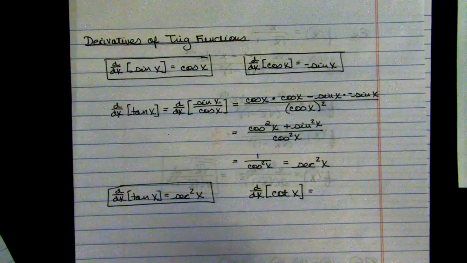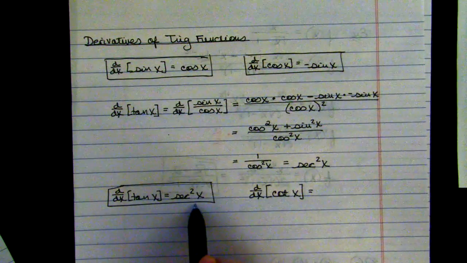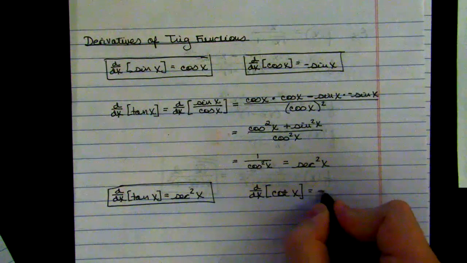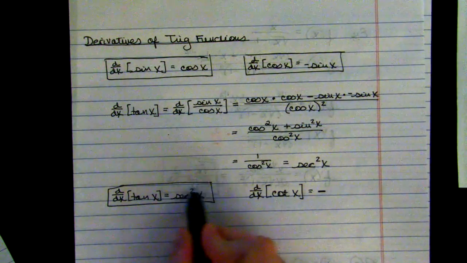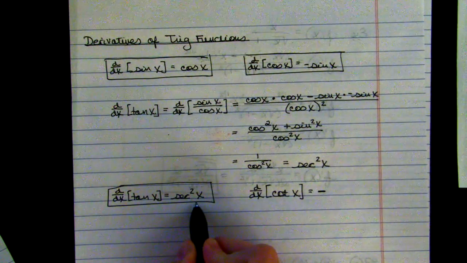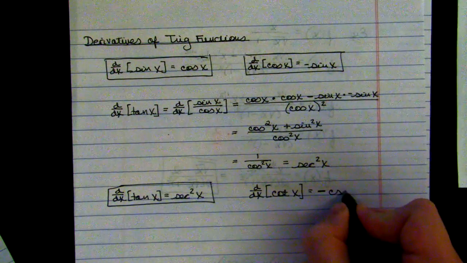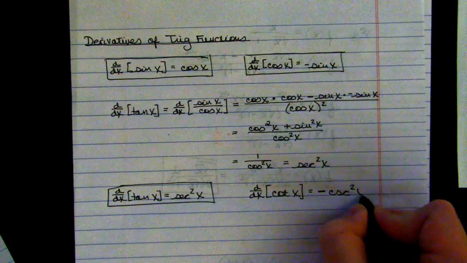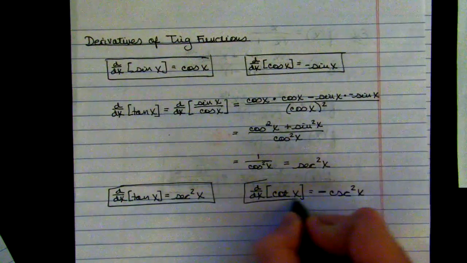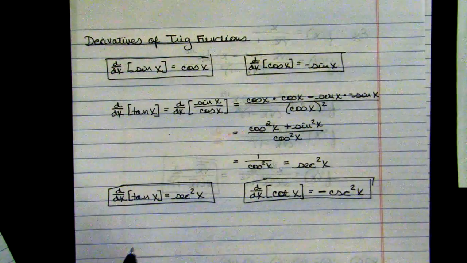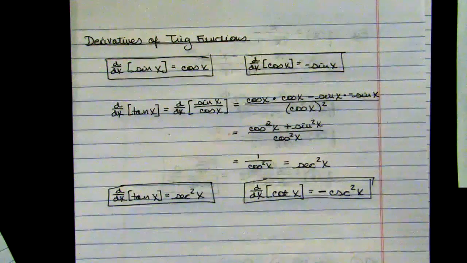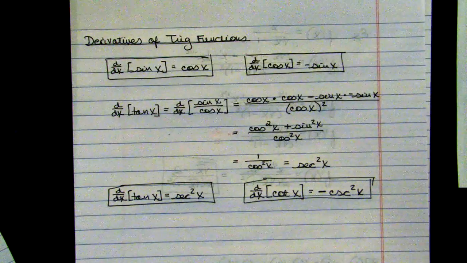Same's going to happen over here. Derivative of the tangent of x was a positive thing. The derivative of cotangent is a negative thing. My equivalent function of secant x is going to be cosecant x. I'm going to say this is the negative cosecant squared of x. The derivative of the tangent of x is the secant squared of x, and the derivative of the cotangent of x is the negative cosecant squared of x.